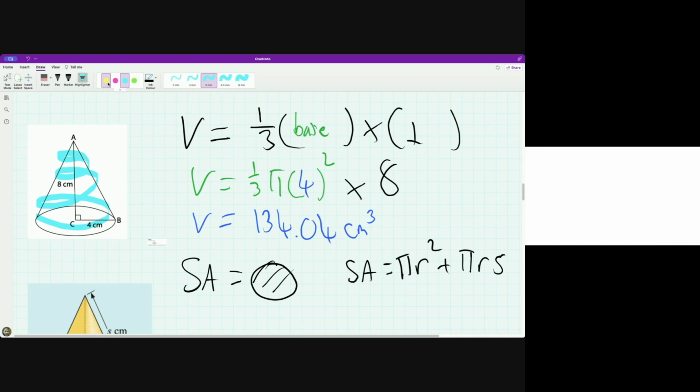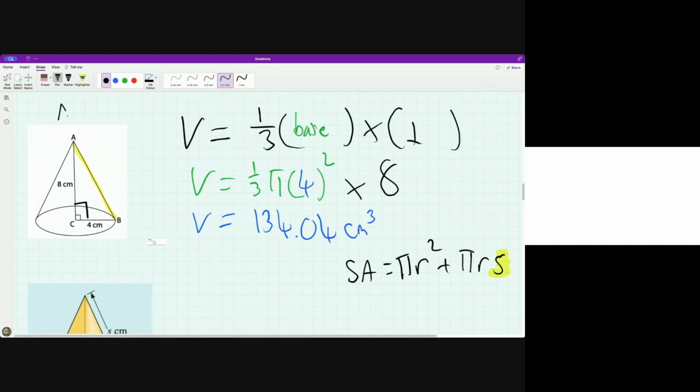What do you think the s stands for in this formula, from what you know of what we've done so far today? Slant height. Yep, nailed it. So if you look at this shape, it also has a slant height. And so you need to work out what that slant height is.